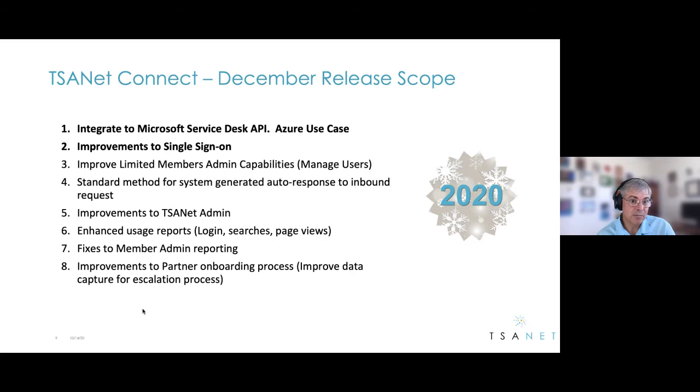We've also seen an improvement in the members that have implemented single sign-on. So we've made a few improvements there. We plan on doing a few more improvements in the December release. And I would say if you're a large member and have a support organization of more than 100 people, and you're using single sign-on within your infrastructure, definitely reach out to us to activate single sign-on.